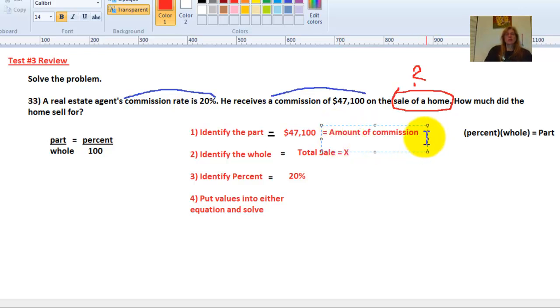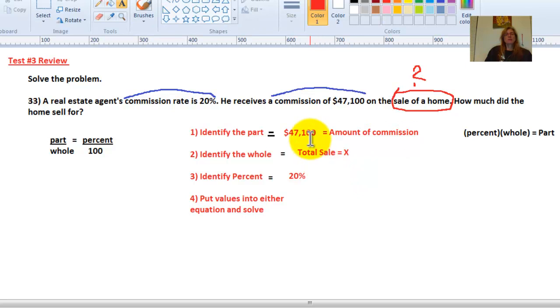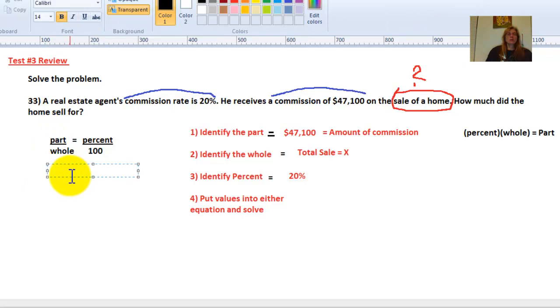Alright, so let's plug our information into these problems. So we're going to plug the part in, $47,100. The percent is 20%.